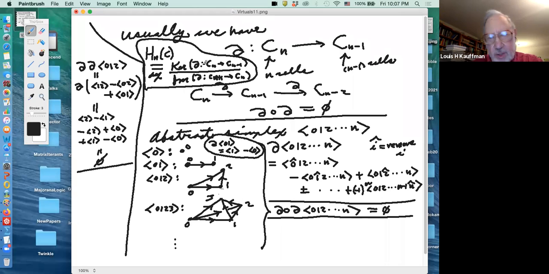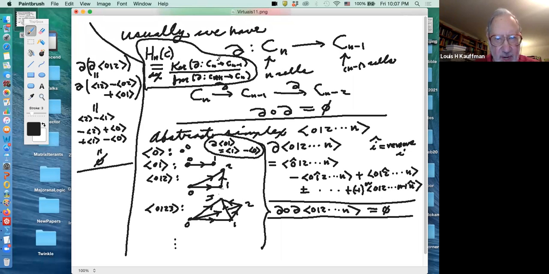So in other words, the kernel of the boundary, those are called cycles, just like this was a cycle. And if there are cycles that are not boundaries, then they will survive kernel mod image. But if in the image you find somebody, that will be a cycle because it's of the form boundary of something. And something that is the boundary of something automatically has boundary 0 and lies in the kernel.